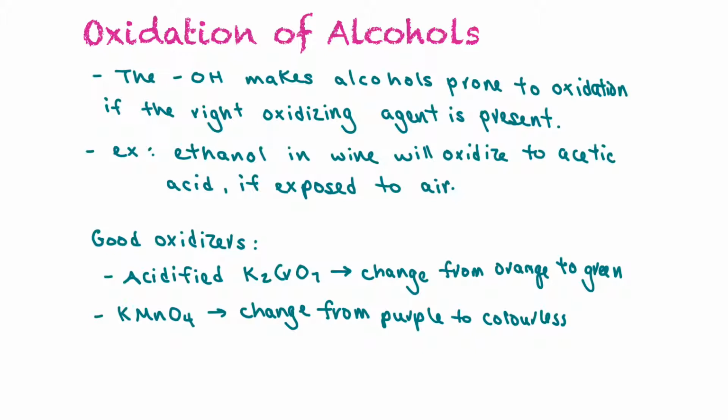So sometimes if a bottle of wine is left open or it's not sealed properly, when you go to drink the wine, it tastes and smells like vinegar because it's oxidized. Some good oxidizers to be used in the lab would be acidified potassium dichromate, and that will change from orange to green to demonstrate that oxidation has happened. Or potassium permanganate will change from purple to colorless to prove that oxidation has occurred.